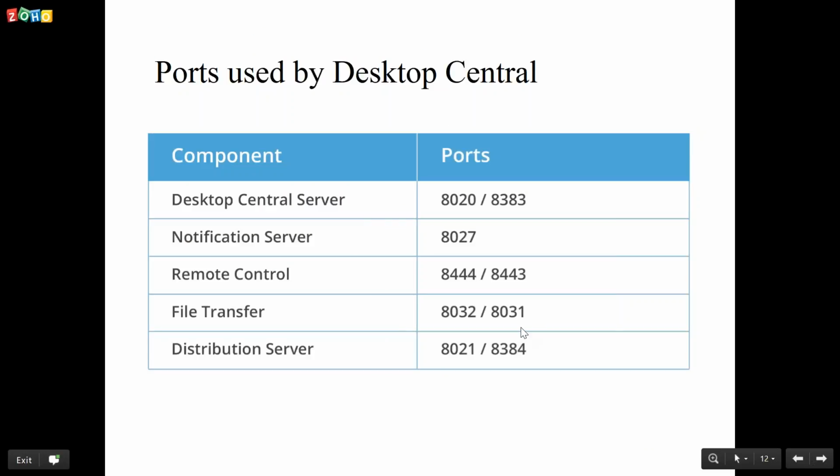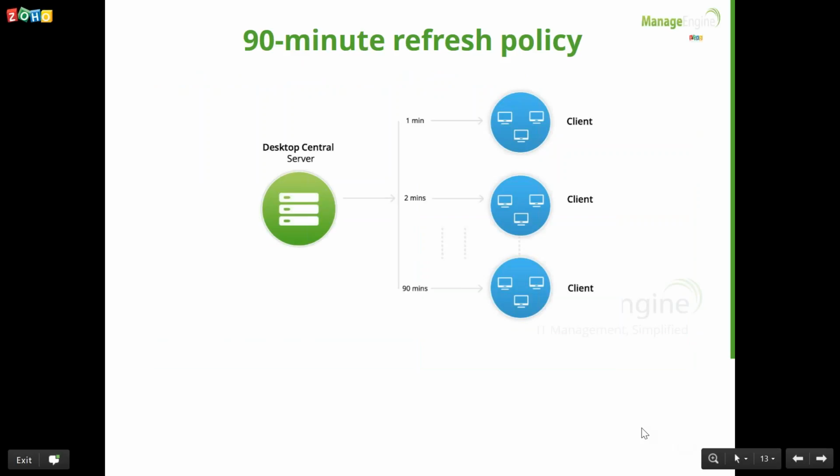Desktop Central uses various ports as you could see. For example, 8020 and 8383 are for communication between the agent and the server, and similarly 8027 and the other ports given help manage Desktop Central with smooth communication.